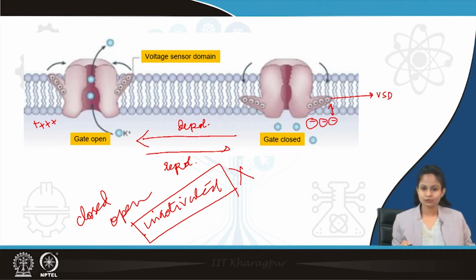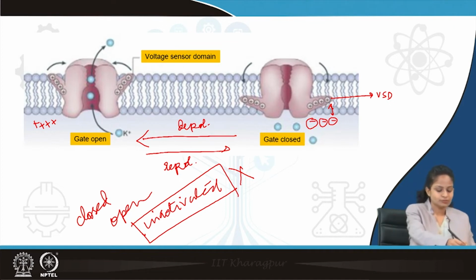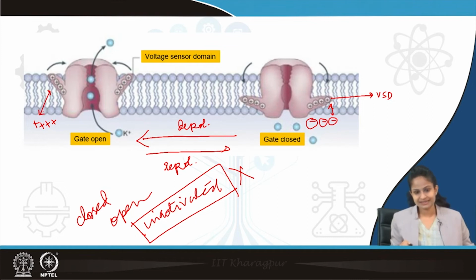So, whenever there is depolarization, this electropositive voltage sensor domain will not stay attracted, but rather repel, and whenever the flaps get repelled, the gate will open and potassium will move outside. So, this is mainly the gating mechanism of the voltage gated potassium channel, how the gates open and close.